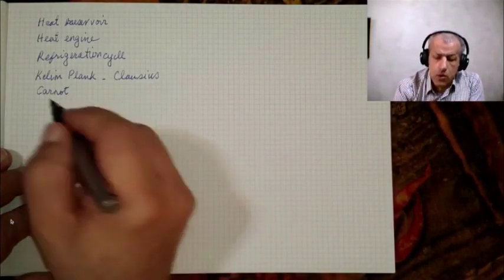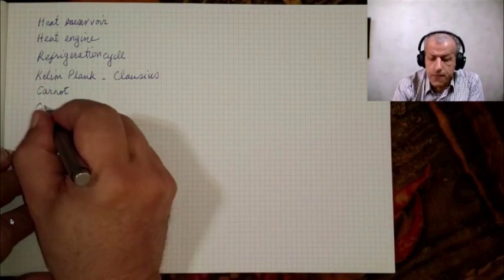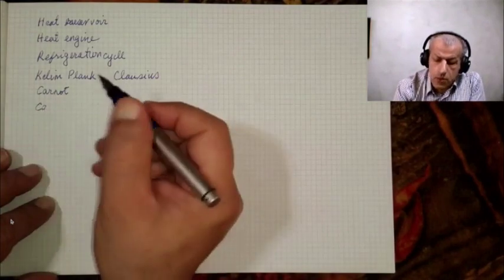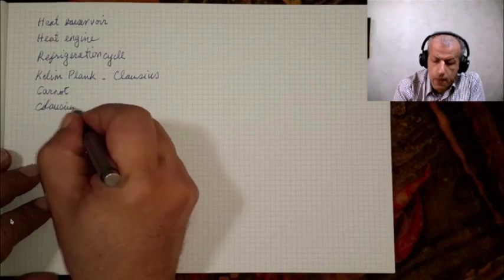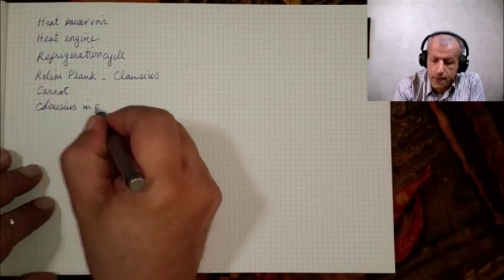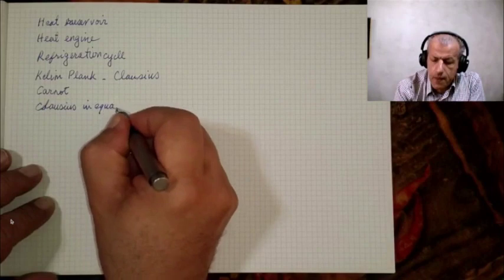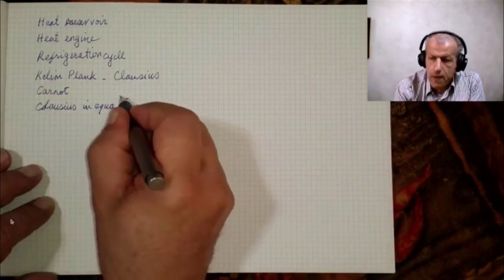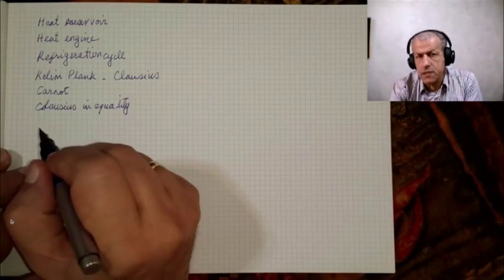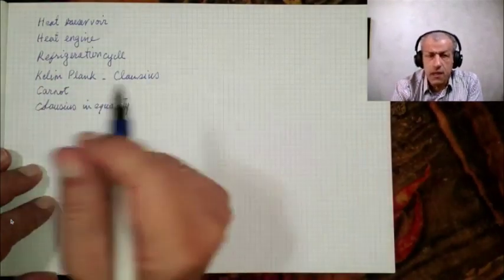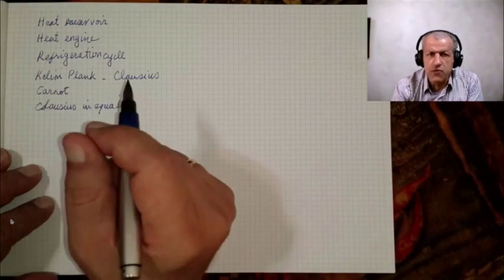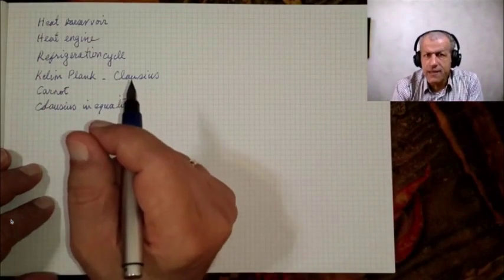And then we go to Clausius inequality, which basically is an inequality and very unusual for a student to handle.